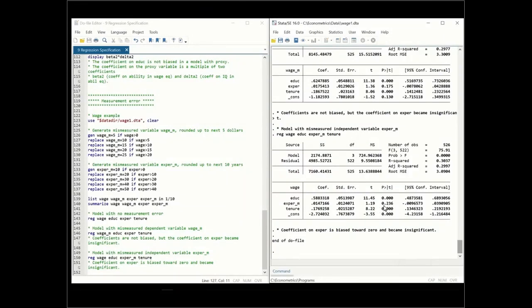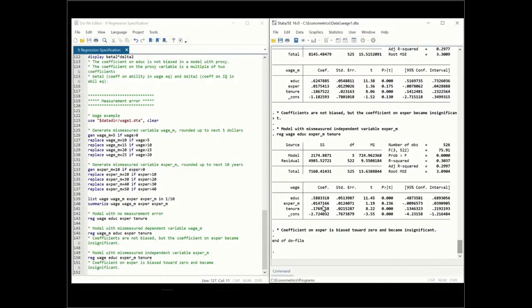And we are seeing that the p-value is greater than 0.05, and greater than 0.1. So actually this coefficient lost significance. What we're seeing in this coefficient is what we call attenuation bias. So basically we have a coefficient that is biased towards 0 and became insignificant.